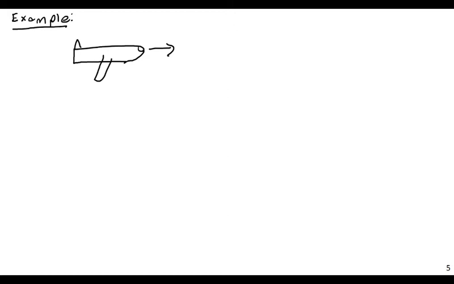I'm just going to do this in metric for simplicity. Let's say it's going 225 meters per second east. And there is somebody standing in this plane.